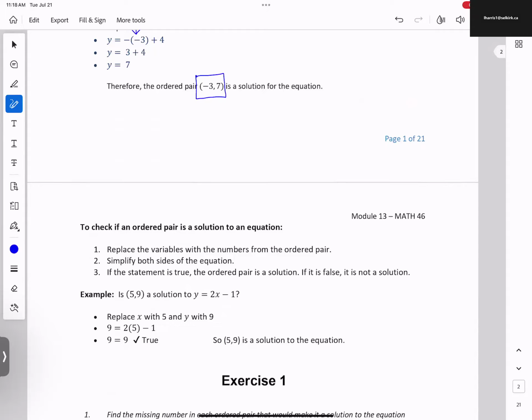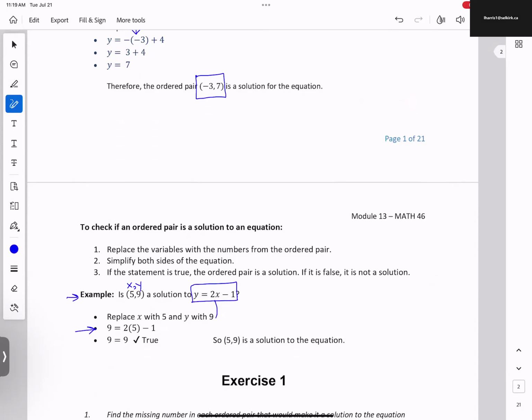So here's an example. We want to know if the ordered pair 5 and 9 is a solution to this linear equation here. So remember, ordered pairs are always x value first, then y value second. And so we're going to replace our x in our equation with a 5 and the y in our equation with a 9, which is what has happened here.